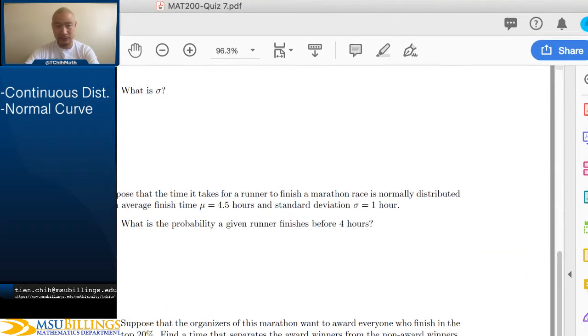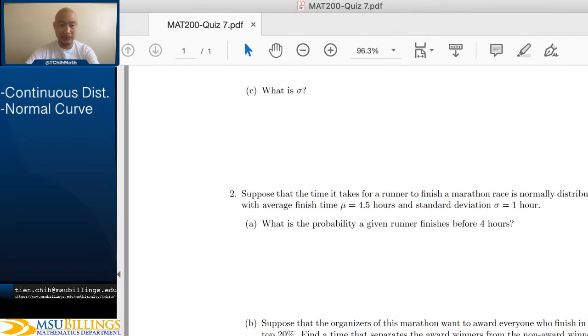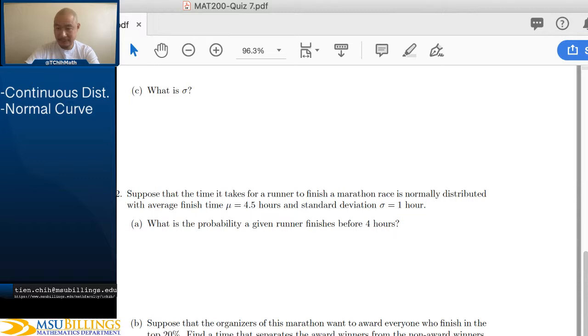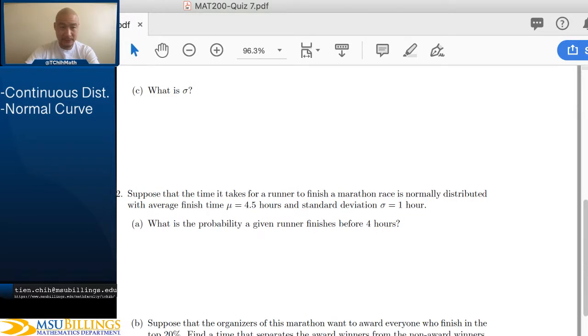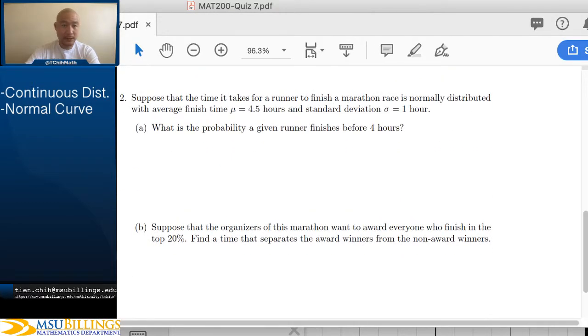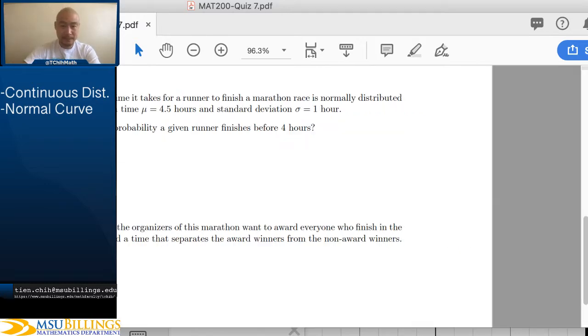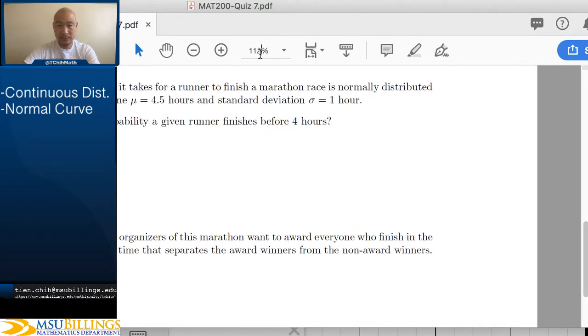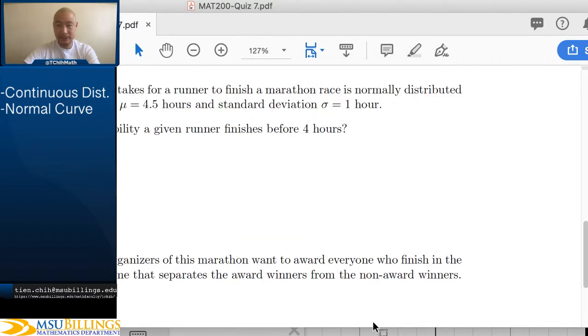This is a quiz I wrote a really long time ago, and I don't know that we could see all of this on this PDF. Let me try this. All right, so a bit of scrolling.